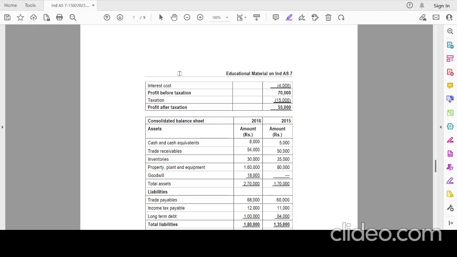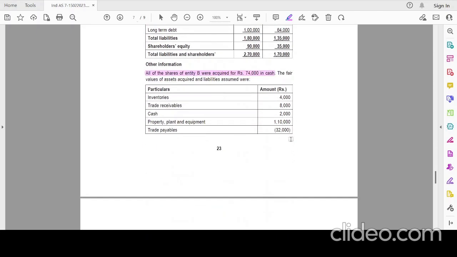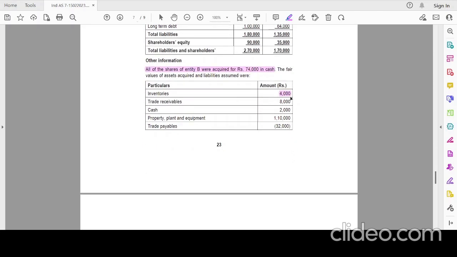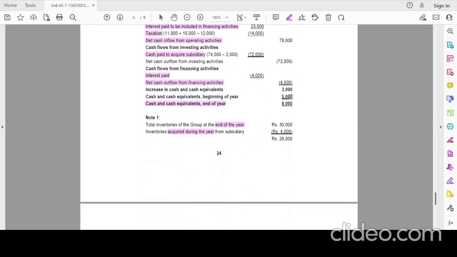So for inventories, 35,000 is the opening balance and 30,000 is the closing balance. And inventories of 4,000 have been acquired. Let's understand this way. Closing balance is 30,000.